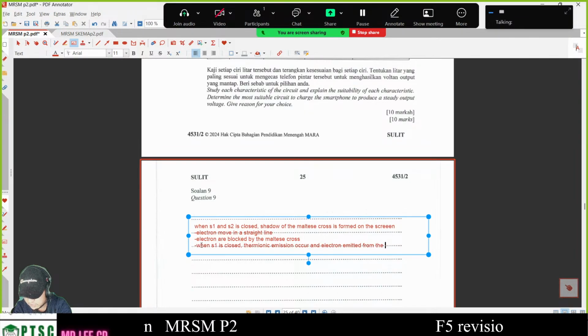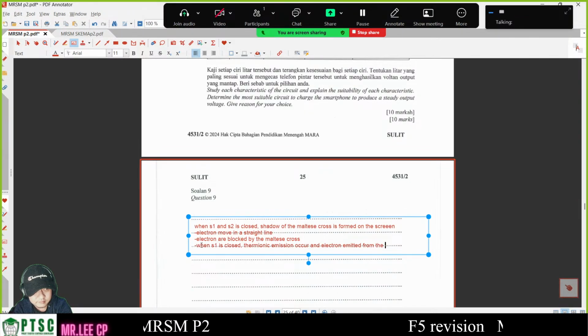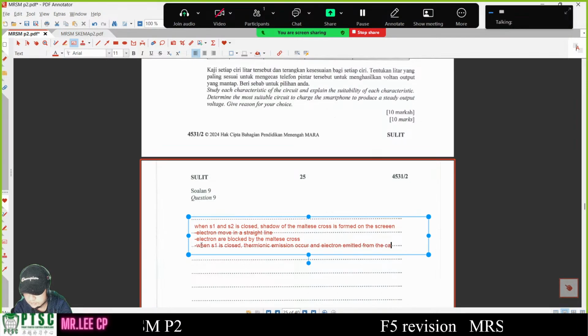From the cathode, the electron is emitted from the cathode.